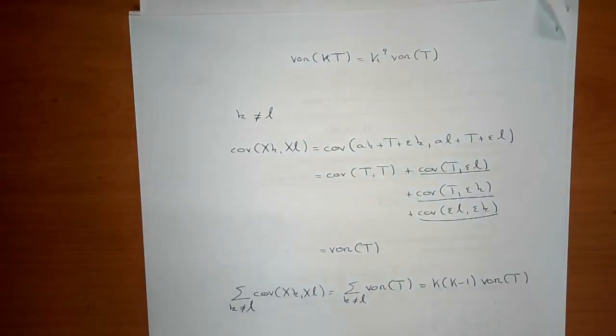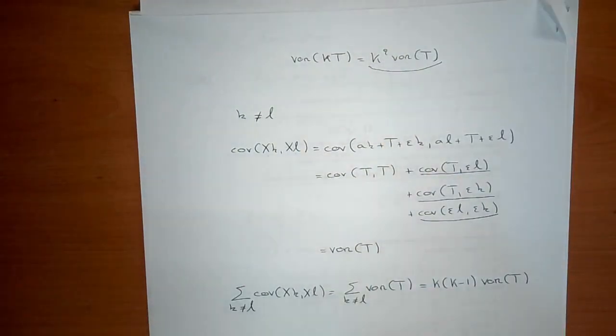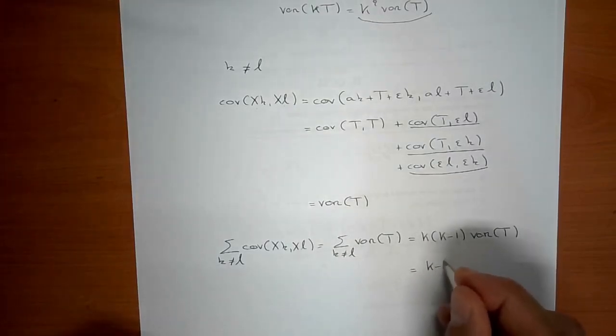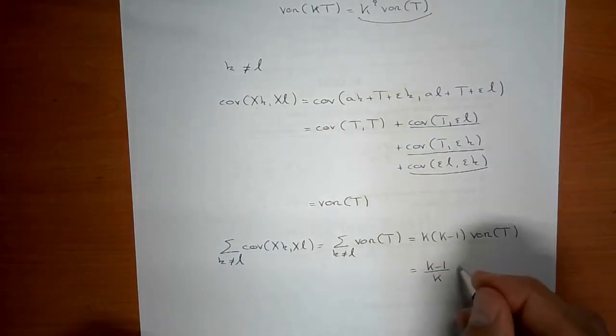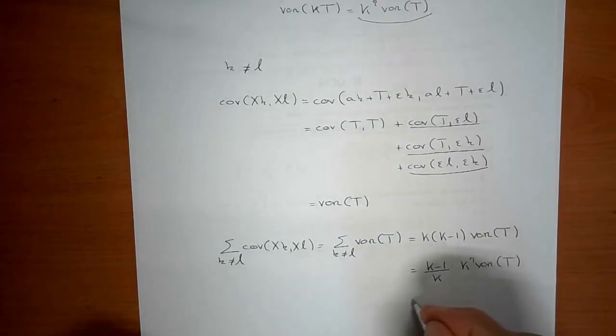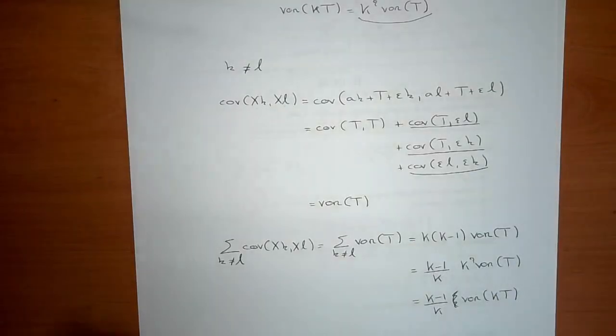Okay. Now, it's not exactly what we want because we want k squared times the variance of t. So what we can do is put this as k minus 1 divided by k and multiply by k squared variance of t. So this is k minus 1 over k times the variance of kt.